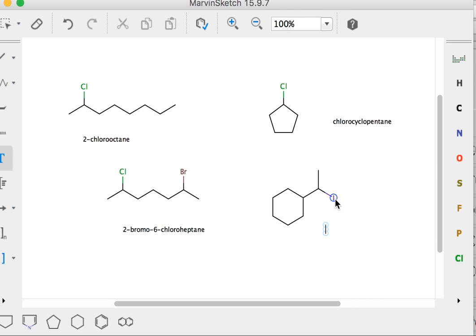And so this will be a basic ethane, right? We have 1, 2. Now this is going to be the number 1 carbon, because it's directly bound to the iodine. And so this is an iodoethane, and it has a cyclohexane off of the 1 position.